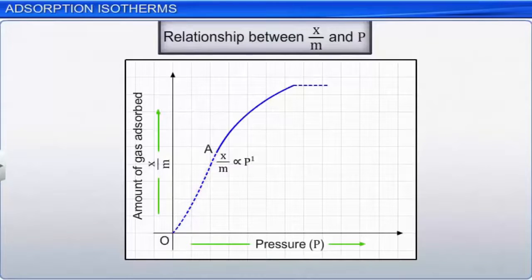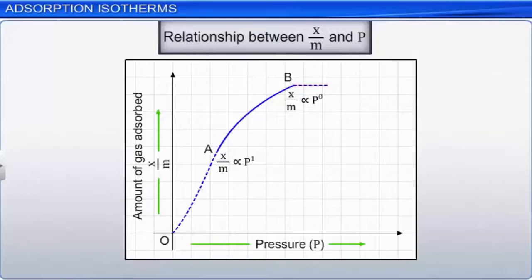Observe the curve beyond point B, that is, at a very high pressure. At a very high pressure, x/m is independent of the value of P. This is represented as x/m ∝ P^0.